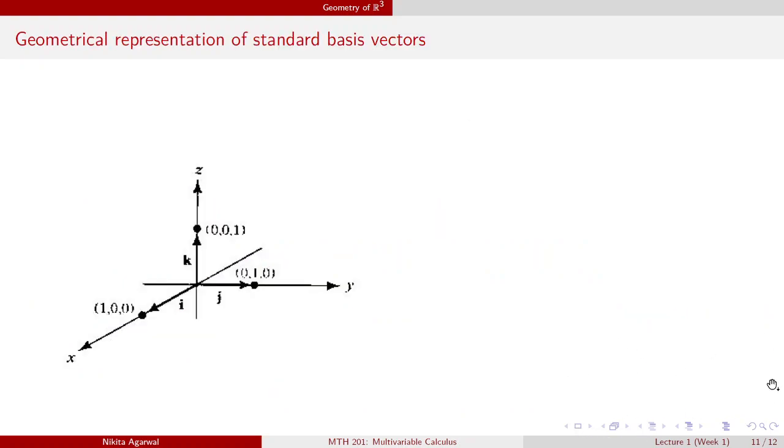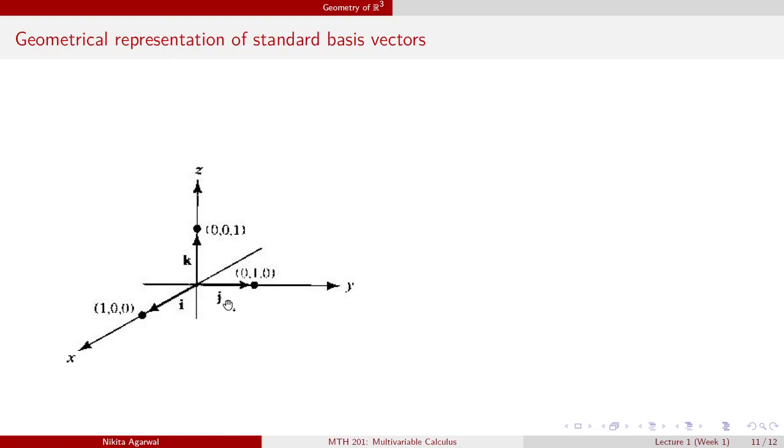Okay, so what is the geometrical representation of standard basis vectors? The i vector, which is 1, 0, 0, is the vector which starts at the origin and ends at the point 1, 0, 0, which is on the positive x-axis.